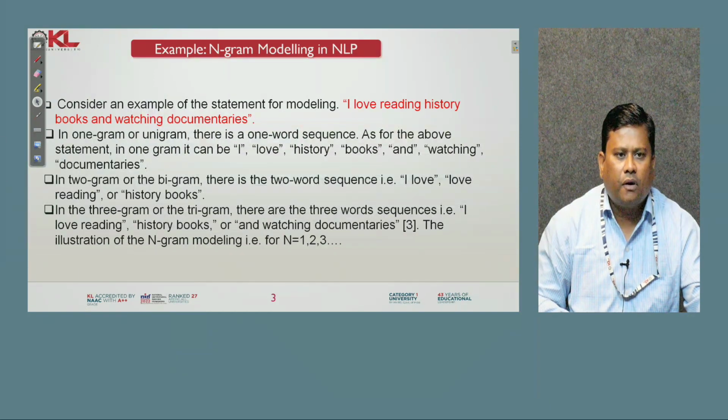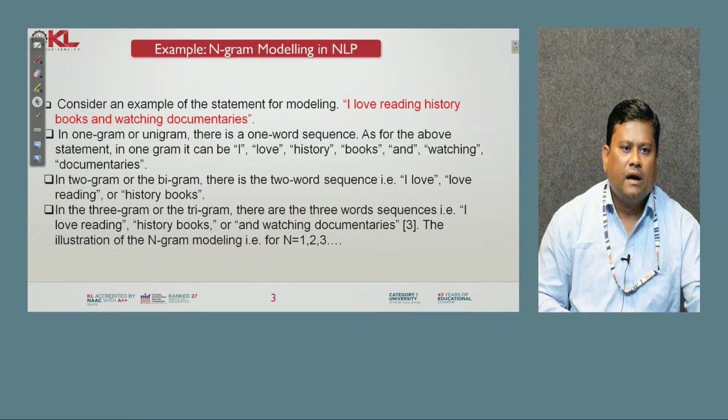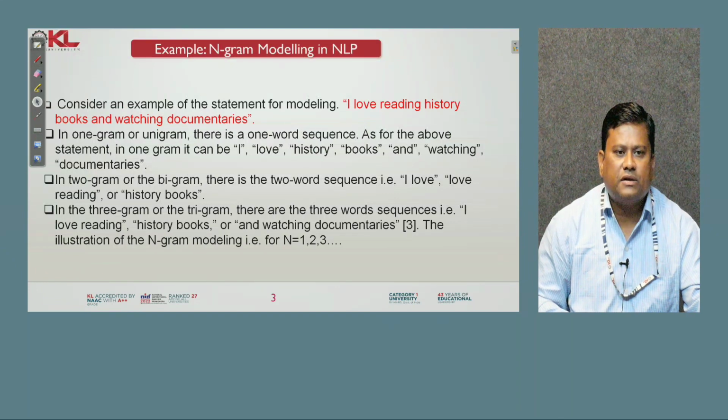In 1-gram, or unigram, there is a one-word sequence. For the above statement, in 1-gram it will be separated into single words: I, love, history, books, and, watching, documentaries. In 2-gram models, 2 words are collected, which is also called the bigram model.